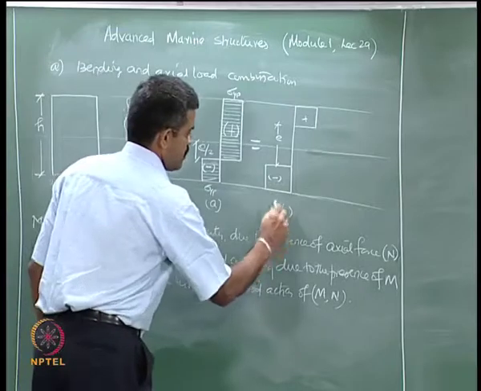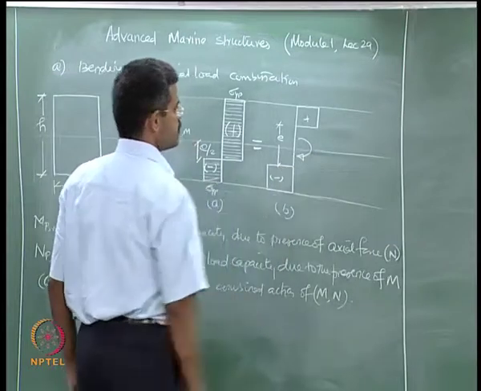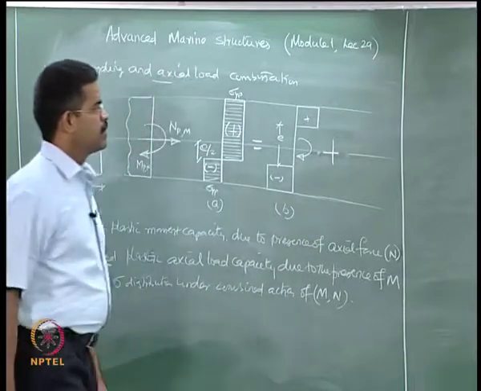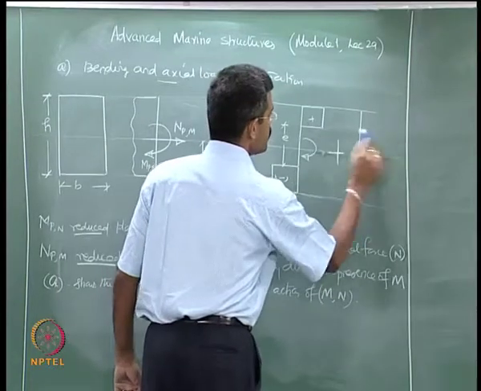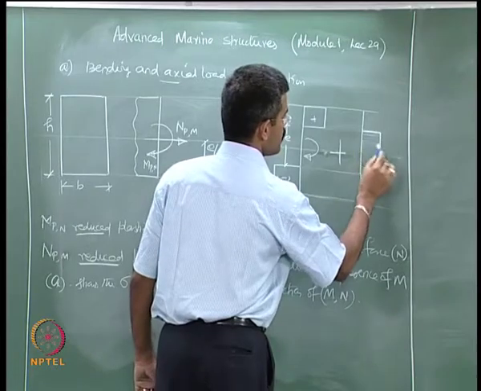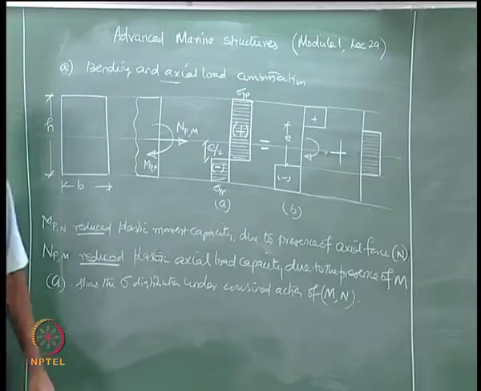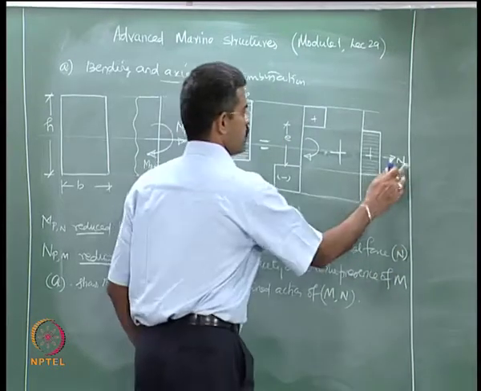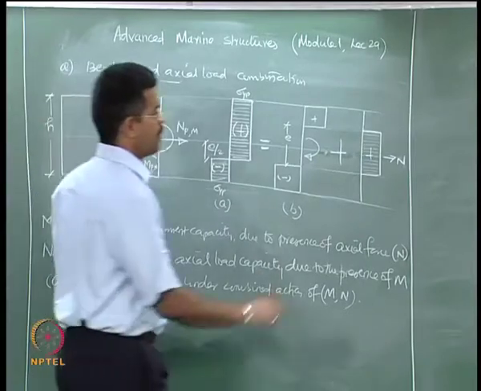B is due to bending alone plus this is positive, which is N alone. Actually this is NPM.